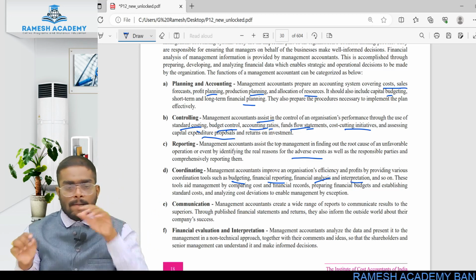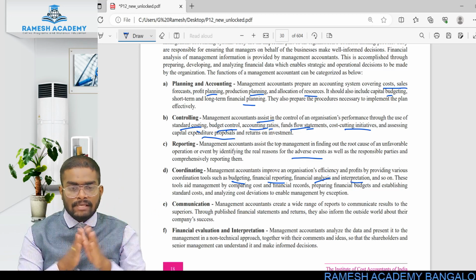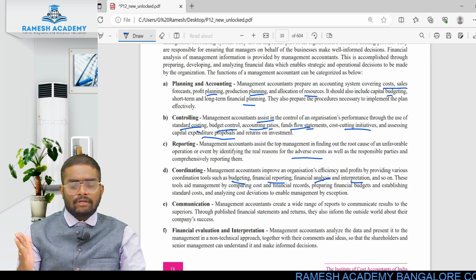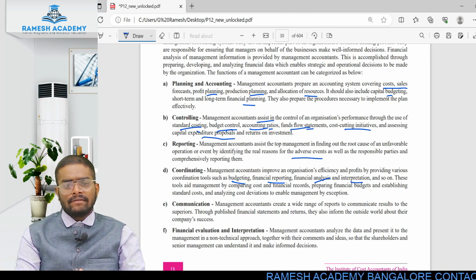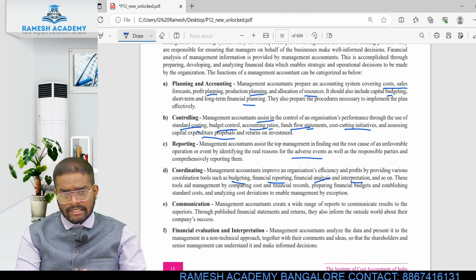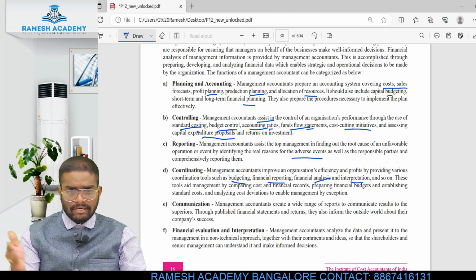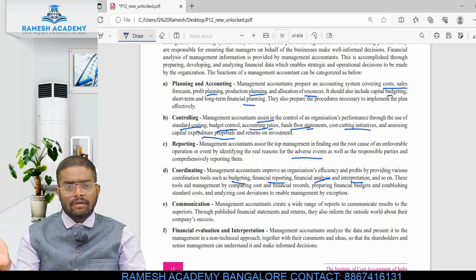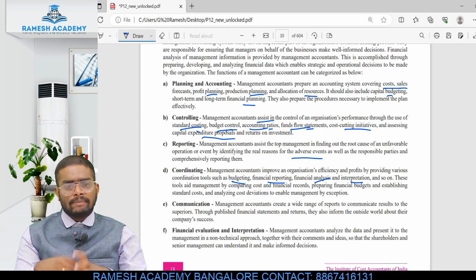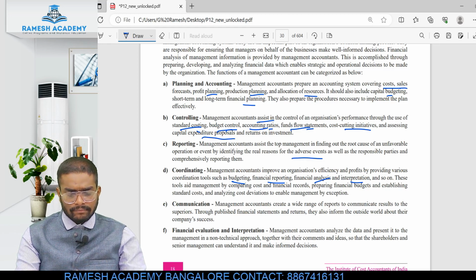So he'll be making budgets and coordinating with the particular departments. He'll make a budget for the purchase department: please purchase at this price, please don't go over and above this budget. So he'll be coordinating things with the departments.